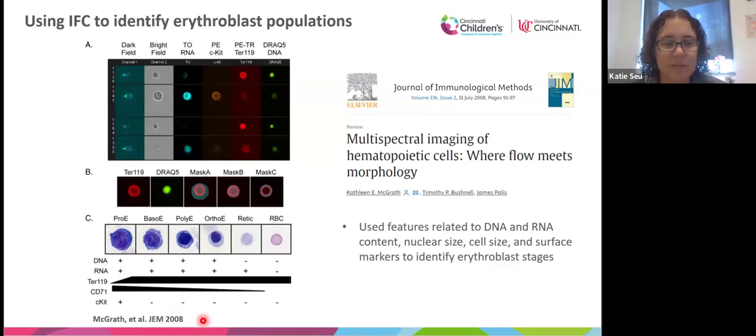But here with the ImageStream, you're able to use more morphology-based features, and they relied heavily on presence of DNA and RNA content, the nuclear size, the overall cell membrane size, and a surface marker or two, TER119 and c-Kit, to identify all of these different erythroblast stages, but mainly utilizing morphology characteristics.